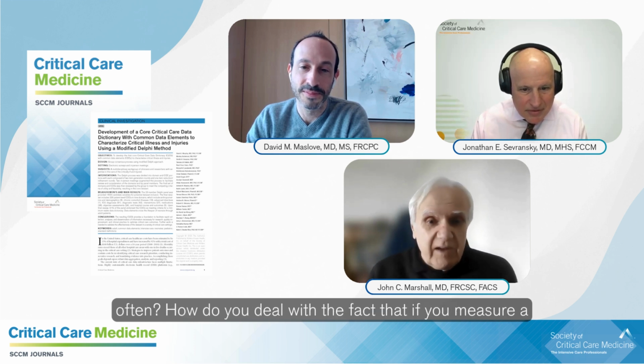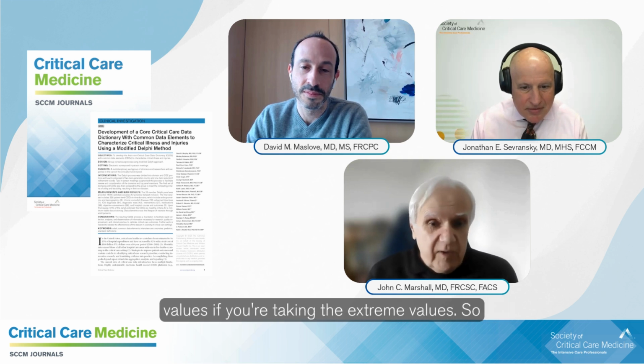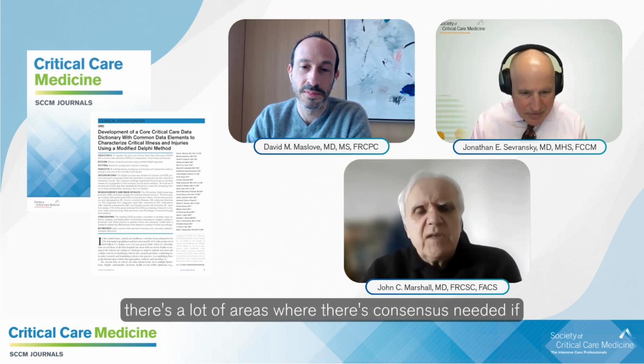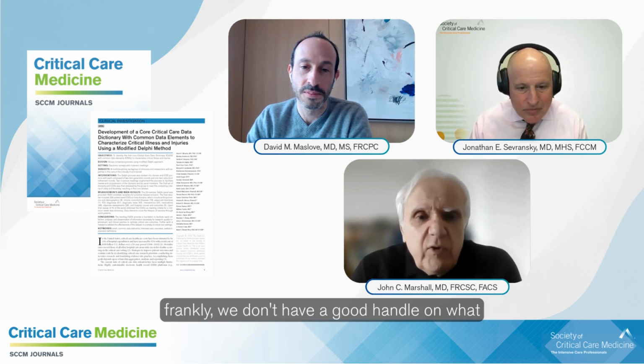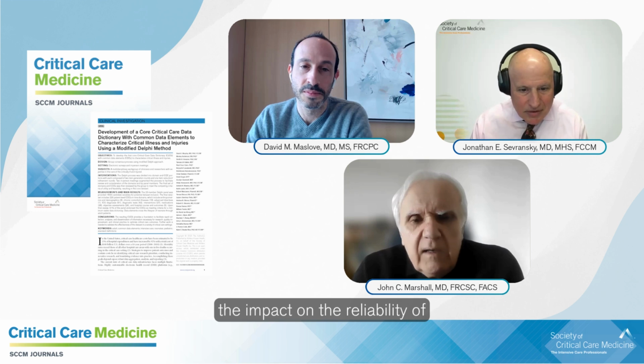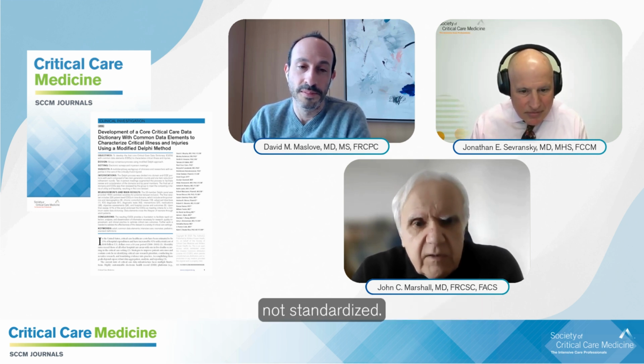How do you deal with the fact that if you measure a variable more times, you're more likely to get extreme values if you're taking the extreme values? So there are a lot of areas where consensus is needed if one's going to be able to draw reliable conclusions. And frankly, we don't have a good handle on what the impact on the reliability of the conclusions would be, as these things are not standardized.